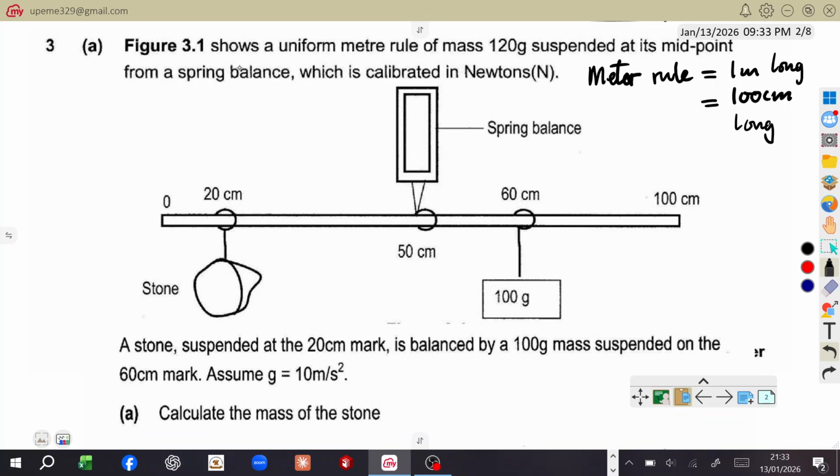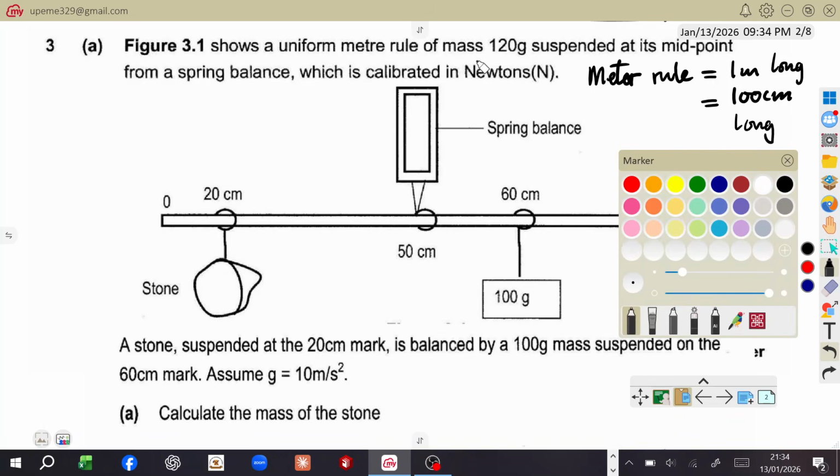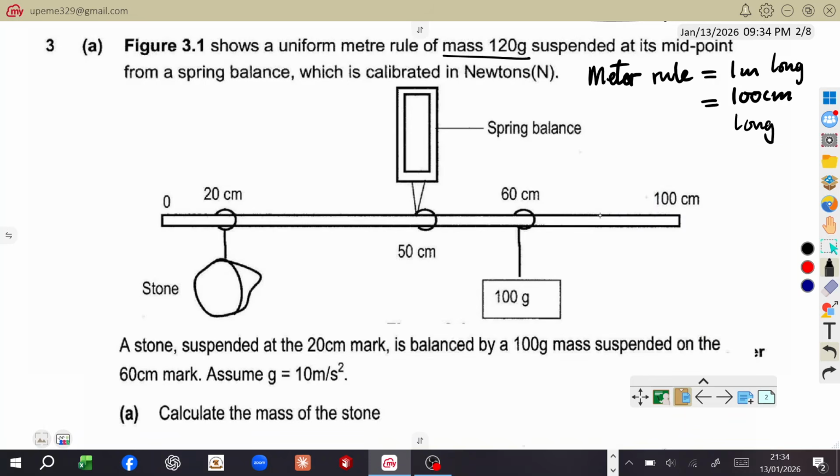Let me read again. Figure 3.1 shows a uniform meter rule of mass 120 grams, suspended at its midpoint from a spring balance. The moment you hear the word midpoint, it means at the center.